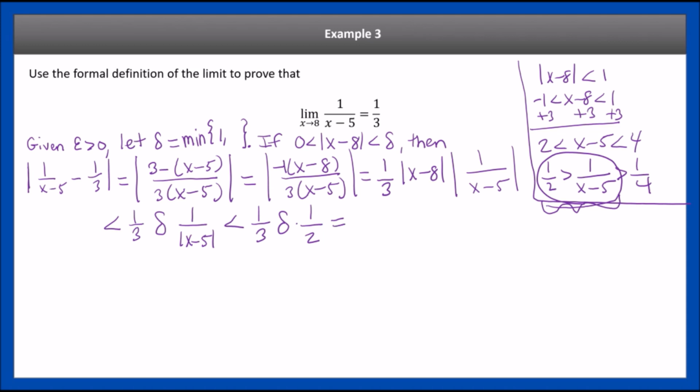Well, that's equal to 1/6 delta. And we want to show that that's equal to epsilon, so we're going to replace delta with 6 epsilon. And now we got epsilon. So now we've shown that it's less than epsilon. We can finish our proof and say that delta is the minimum of 1 and 6 epsilon.